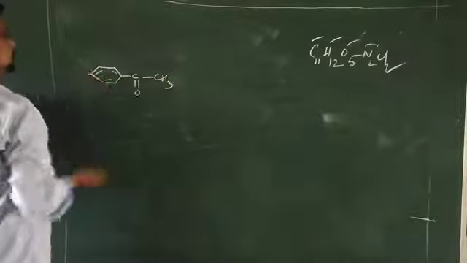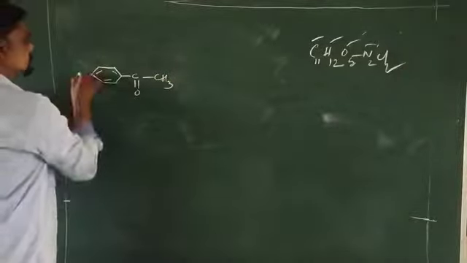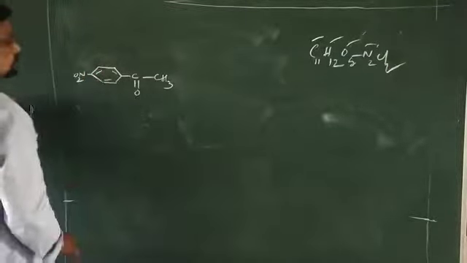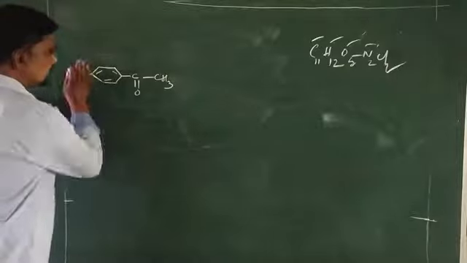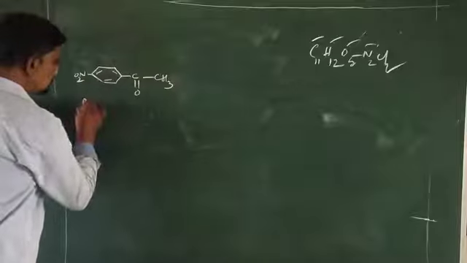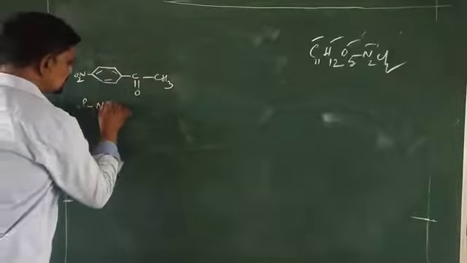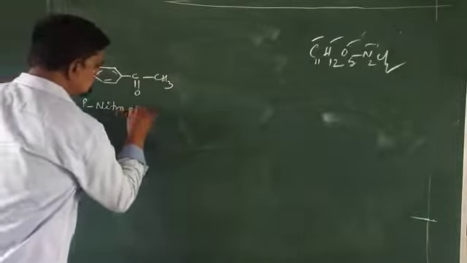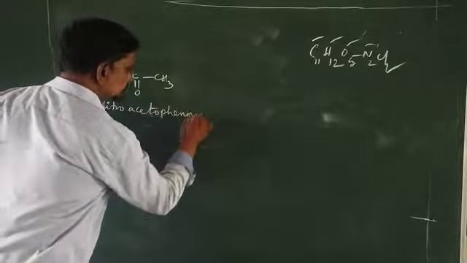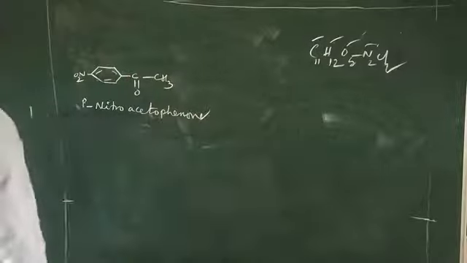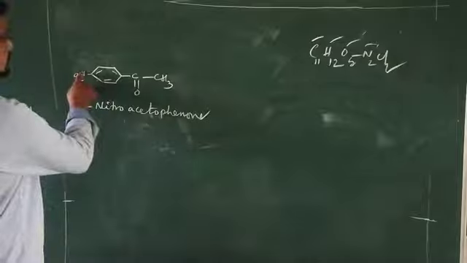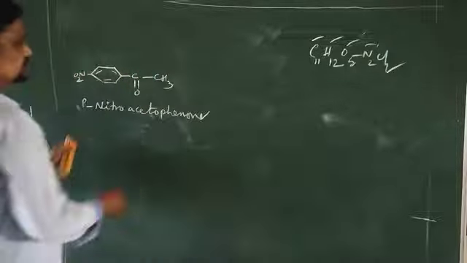In this position or para position, it is attached NO2 group. So that's why this is acetophenone. Para position connected nitro group. This is naming the compound para nitroacetophenone. Para nitroacetophenone. So starting basic material para nitroacetophenone.